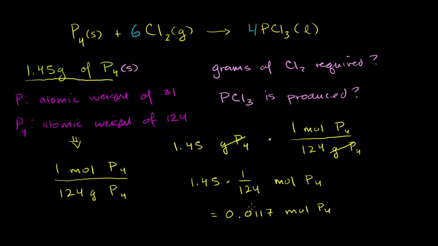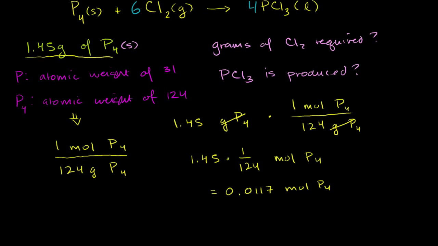Now, we need to think about, for every mole, let me write down what we just had: 0.0117 moles of molecular phosphorus. And for every mole of phosphorus, how many moles of chlorine molecules do we need?